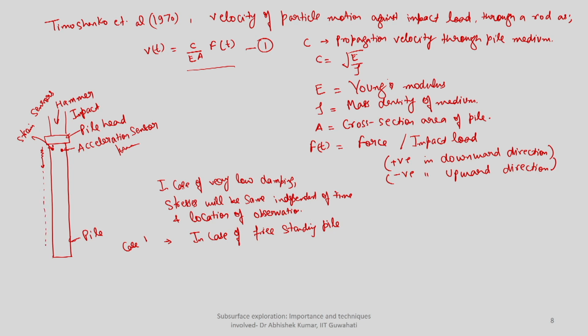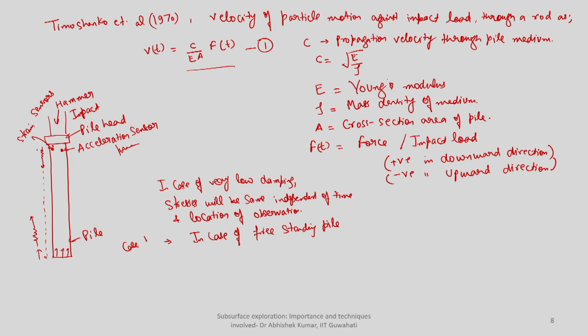Now, this will go till the bottom, and there will be strain sensors also, which will be detecting the equivalent force or impact load. Then it reaches a particular depth and starts traveling back, because there will be some kind of reflection from here. Being a freestanding pile, there will be some reflection in case of strain values. So there will again be some kind of disturbance.